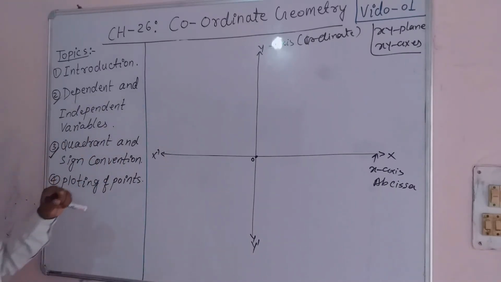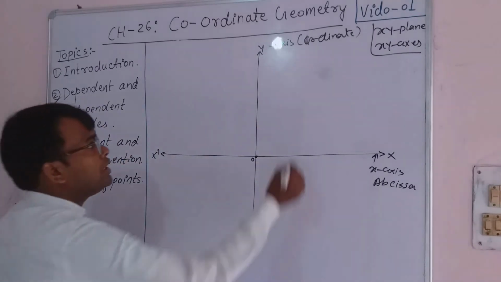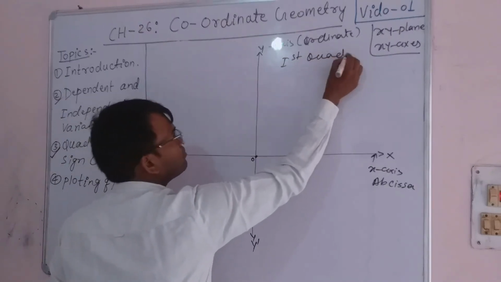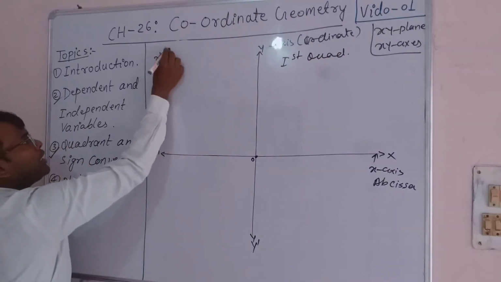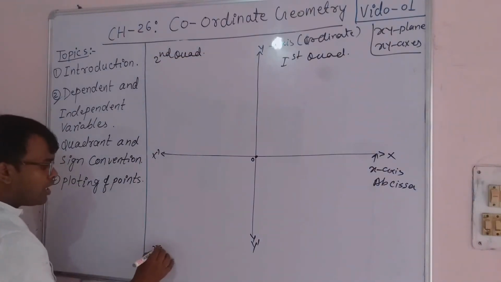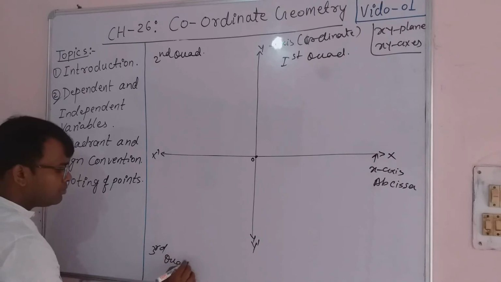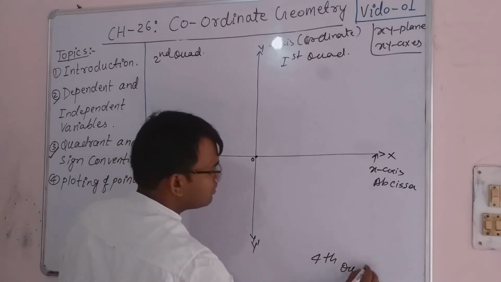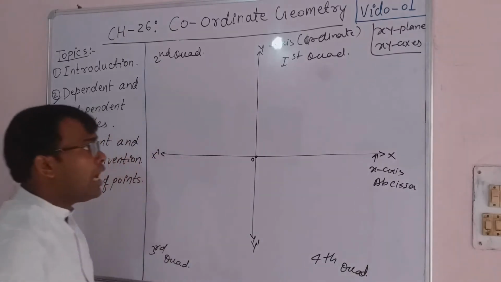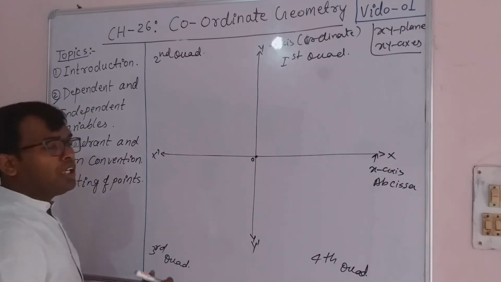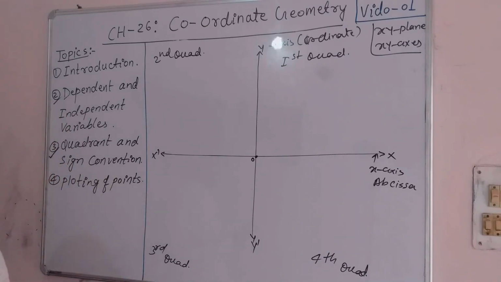Now how do we divide into four quadrants? This is called the first quadrant. This is called the second quadrant. This is called the third quadrant. This is called the fourth quadrant. After defining the quadrants, we have the signs, either positive or negative.